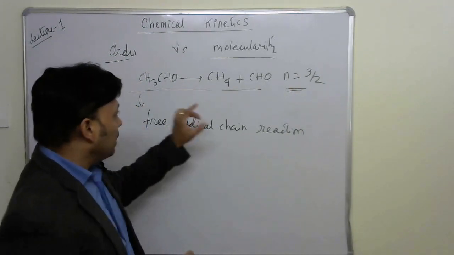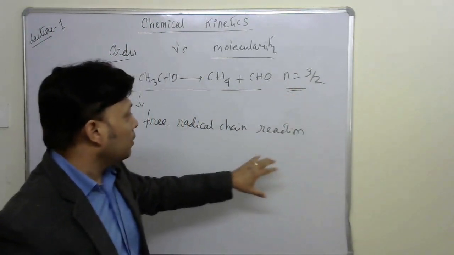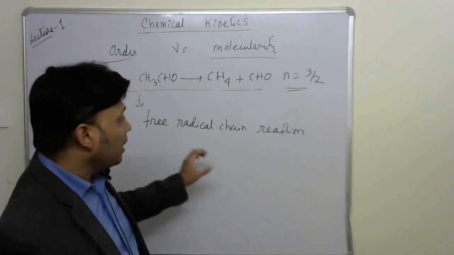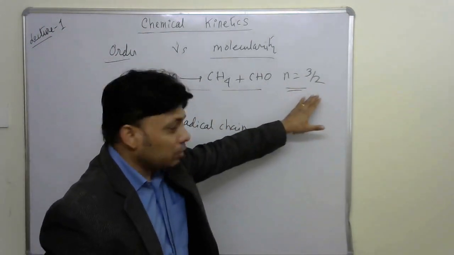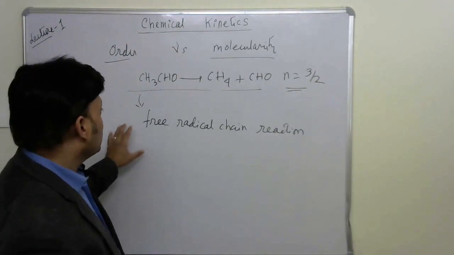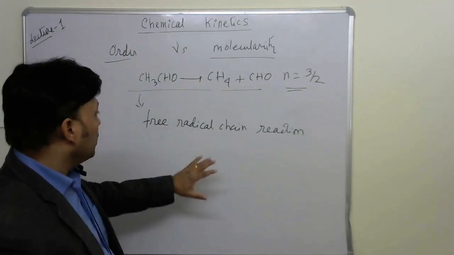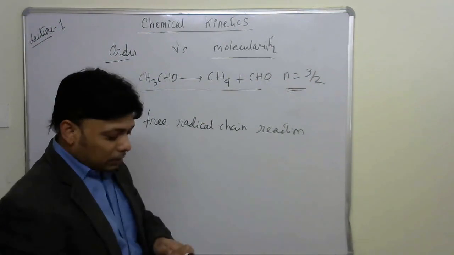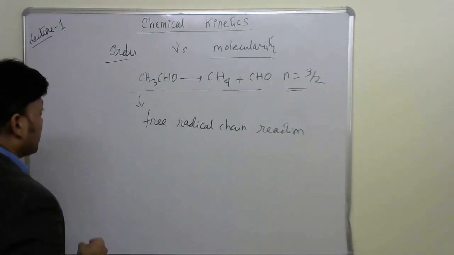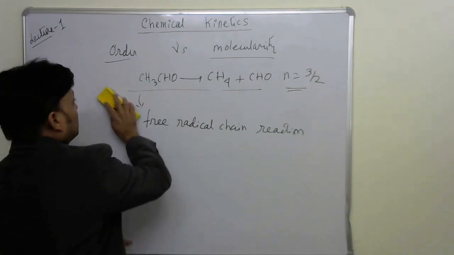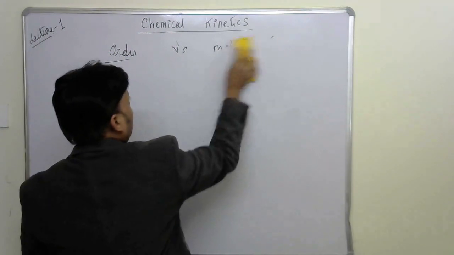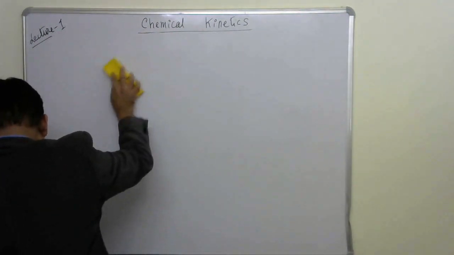So n is equal to 3 by 2 is determined from an experimental perspective, and why n becomes 3 by 2 we will learn later in this course. For the time being, we learn that the order being the molecularity of the slowest step does not hold good for a free radical chain reaction.